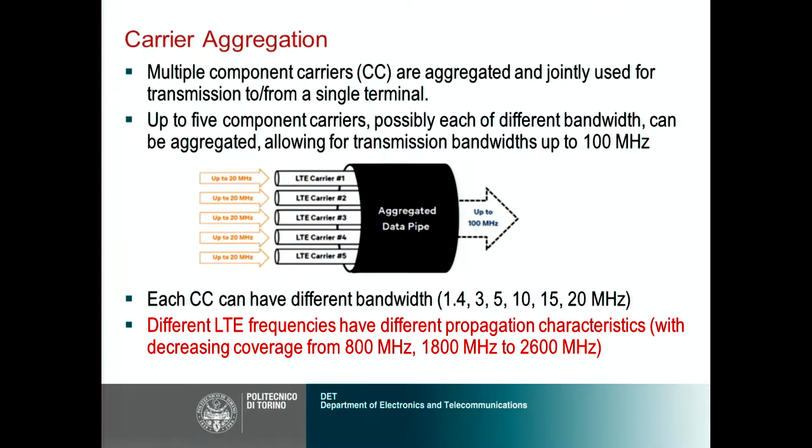The point is that when you have 20 megahertz, you can start assigning resources to users, but you always end up with some leftovers at the edges of these spectrums. If you need to assign these leftover resources to users who need a large bandwidth because they are streaming a 4K video or transferring large amounts of data, you just can't do it, because these leftover resources are too little.